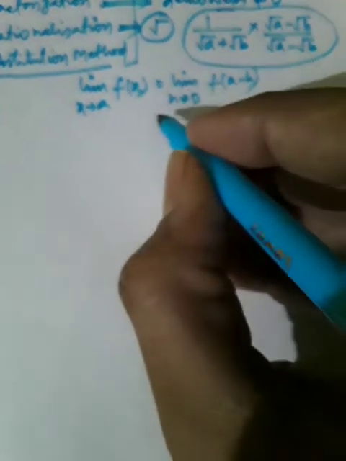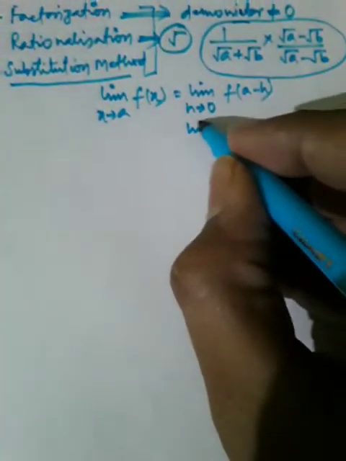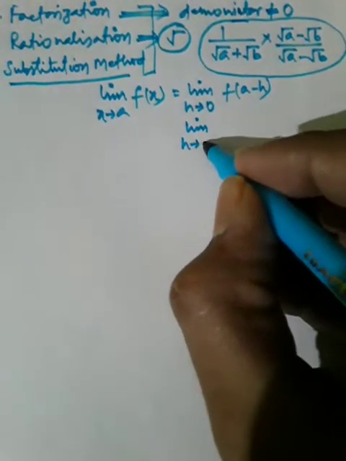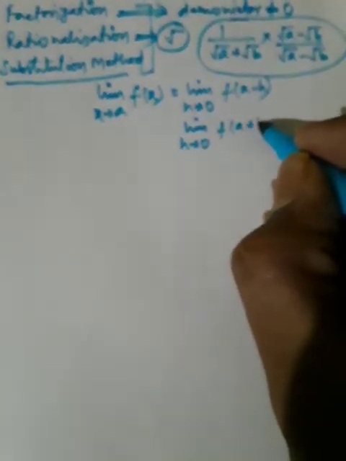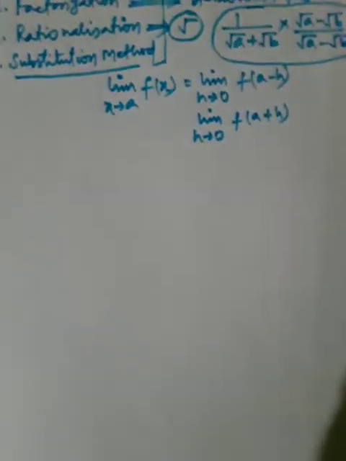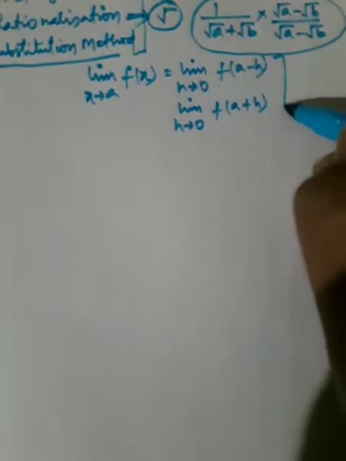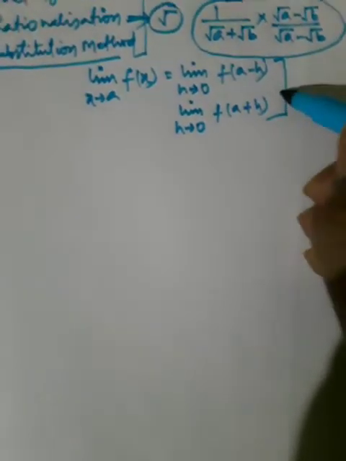And we can also write limit h tends to 0 f(a plus h). So this method is known as substitution method.